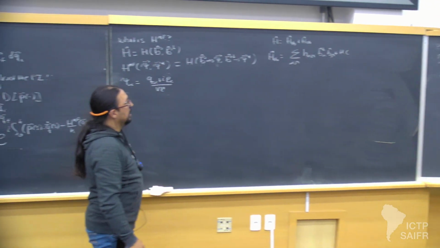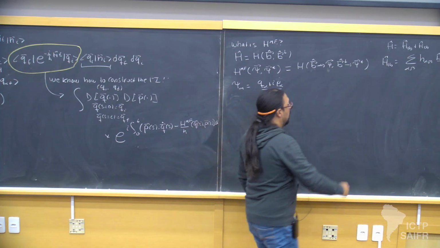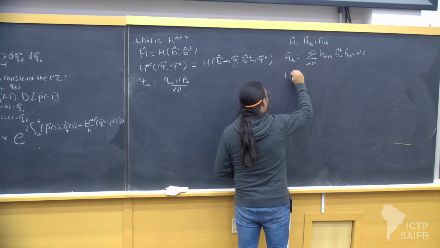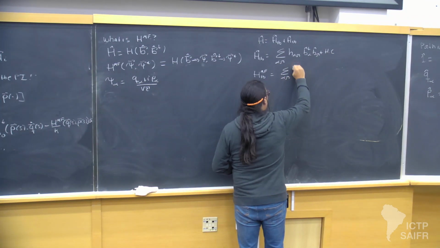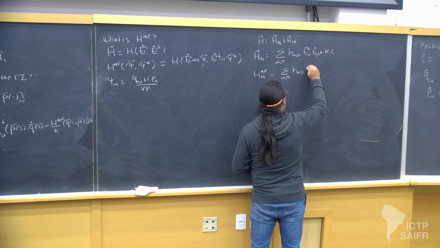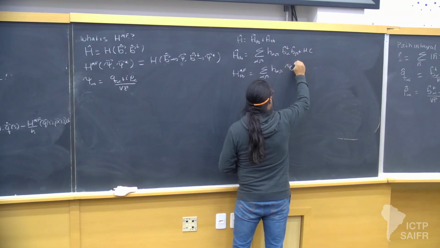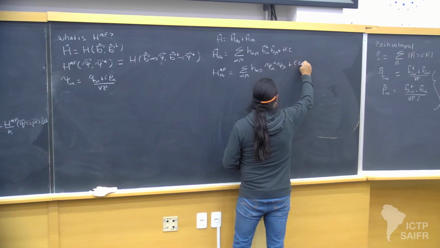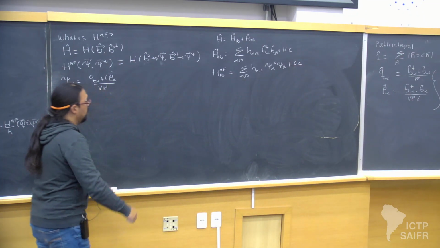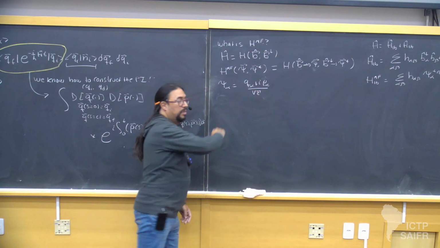That's the quantum mechanical operator. The classical mean field one body object is the sum over alpha beta, with the same coefficients, but now psi alpha conjugate psi beta plus complex conjugate, and you identify psi alpha with this combination of quadratures.